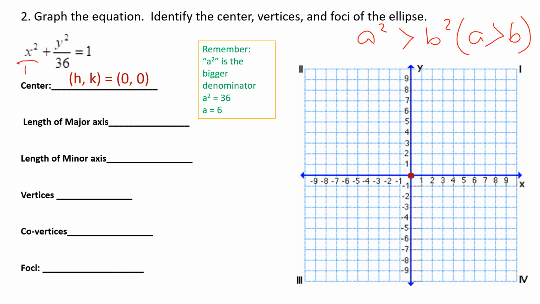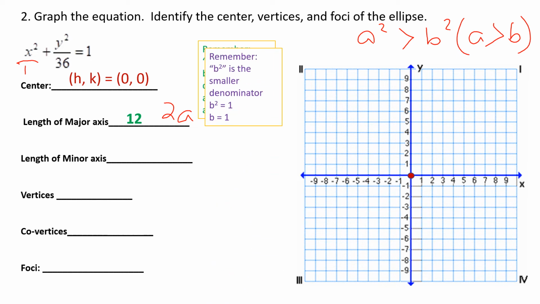Since in this case, a squared is the 36 and it is under the y squared, I can tell now that the ellipse is a vertical ellipse. In other words, the major axis will be vertical. And the major axis length is 2a, which is equal to 2 times 6, 12.